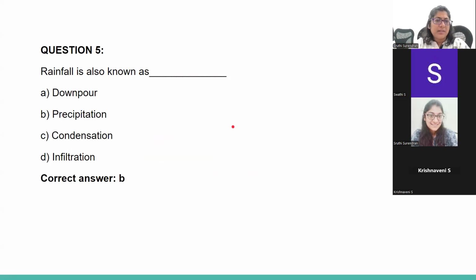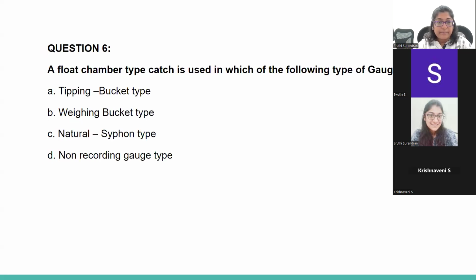Okay, so the correct answer is precipitation. Very obvious question. Precipitation includes rainfall, drizzle, light rain, heavy rain, snowfall, and everything. So when we talk about precipitation, it generally means rainfall. So rainfall can also be called precipitation.